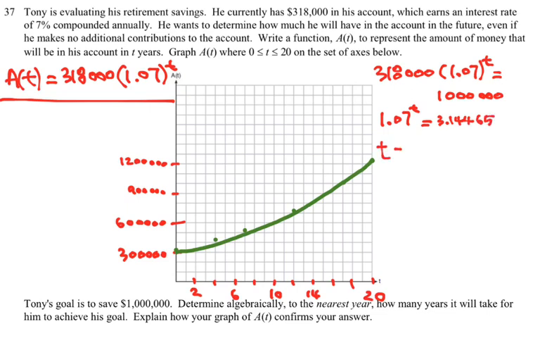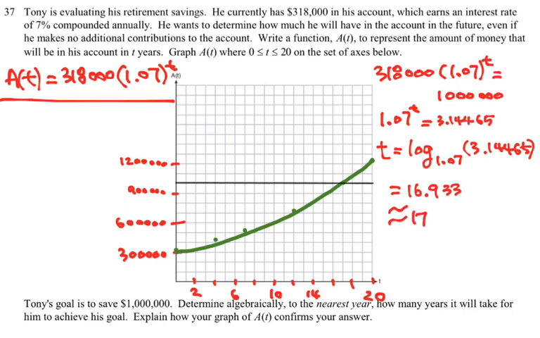So how do you find t? We're going to use the logarithm. Log base 1.07 of 3.14. Then that's about equal to 16.9 years. And then they want it to the nearest year, so it's about 17 years.